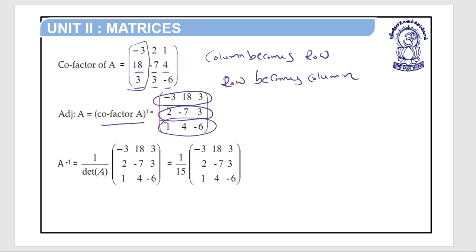So A inverse is equal to 1 upon the determinant of A into the adjoint of A: minus 3, 18, 3, 2 minus 7, 3, 1 4 minus 6. Here the determinant of A is 15, so 1 upon 15, and this is the adjoint of the A matrix.